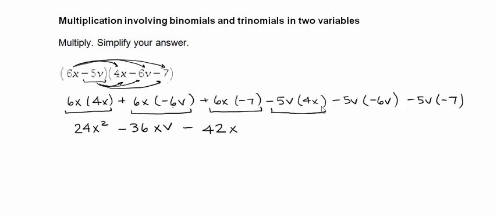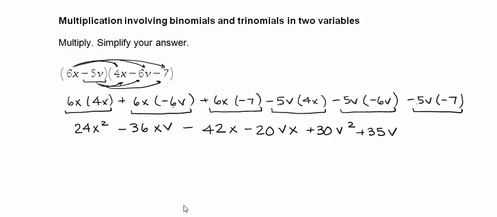The next one, 4 times negative 5 gives me a negative 20, and I have a v and an x. Next one, negative 5 times negative 6 gives me a plus 30v squared. And my last one, negative 5 times negative 7 gives me a plus 35v.